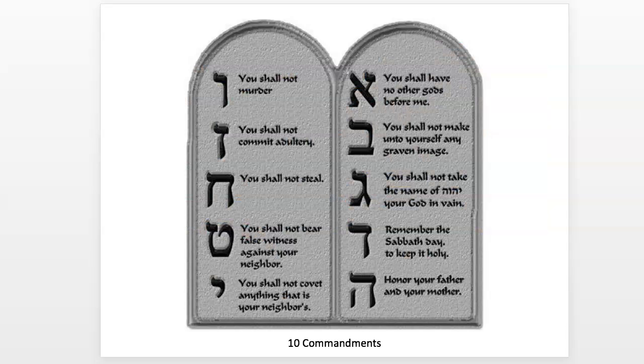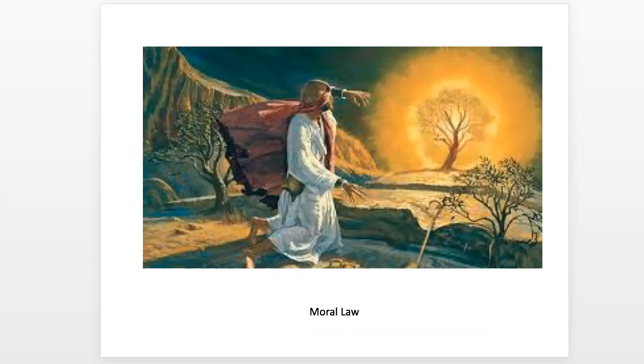Basically, that was given to Moses when he was turned aside because a bush was burning, but it wasn't being consumed. And we talked a bit about this a second ago, being inside of the Ark of the Covenant and that depiction of the Ark of the Covenant. So this is about the law of Judaism, basically, the moral law of it.